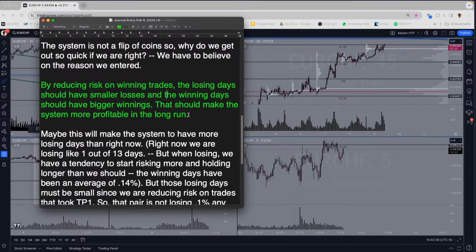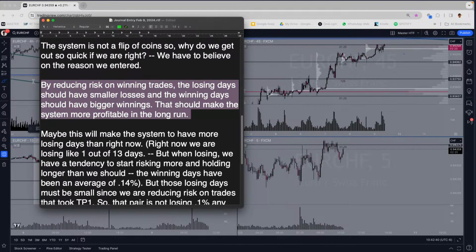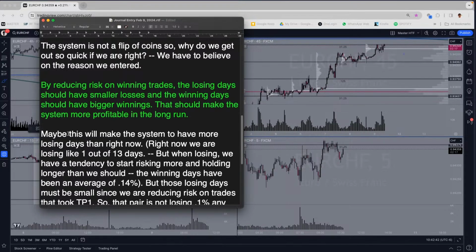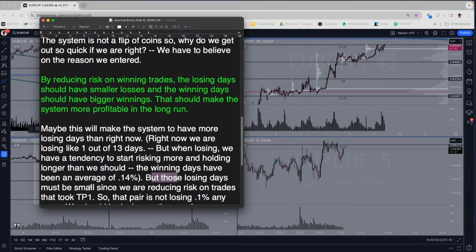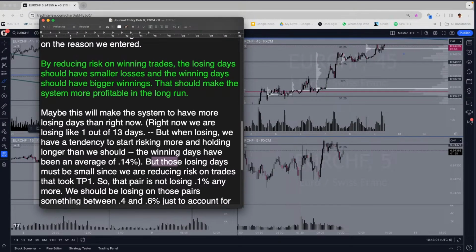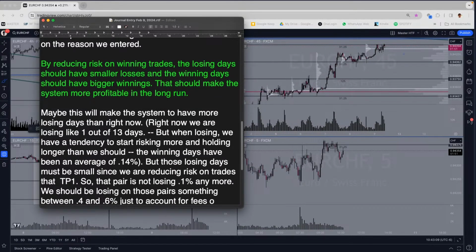That should make the system more profitable in the long run. Maybe this will make the system have more losing days than right now. Right now we are losing like 1 out of 15 days, but when losing we have a tendency to start risking more and holding longer than we should. The win days have been an average of 0.14% increase, but those losing days must be small since we are reducing risk on trades that hit TP1.